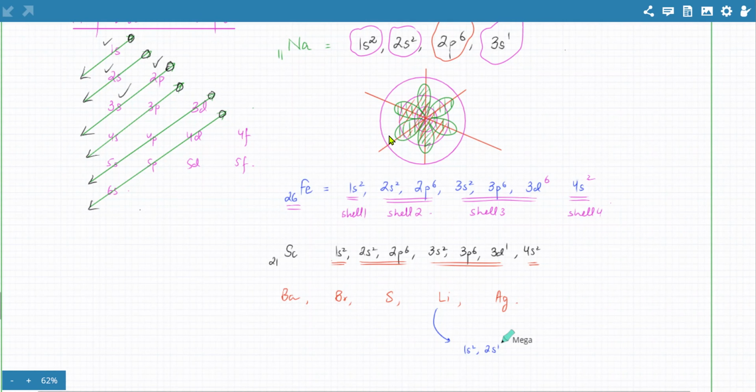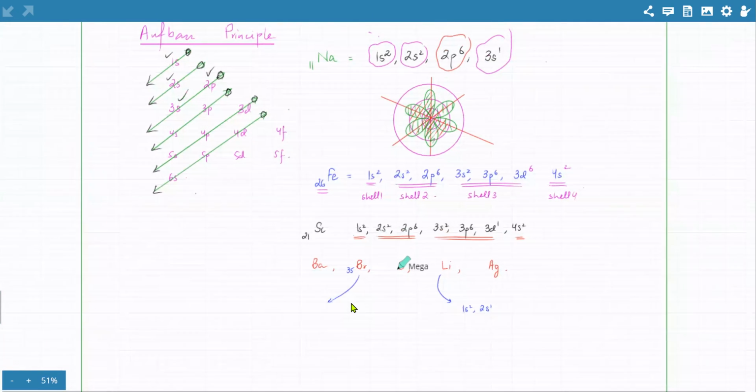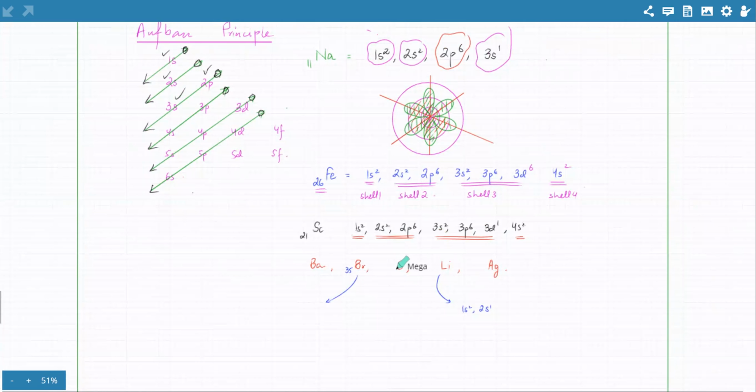Similarly, we can try and write the electronic configuration of bromine, which has a total of 35 electrons. So its electronic configuration is going to be 1s2.